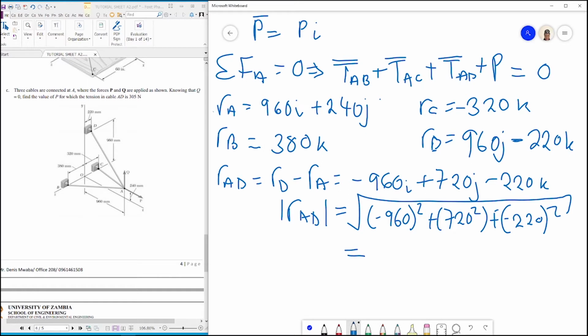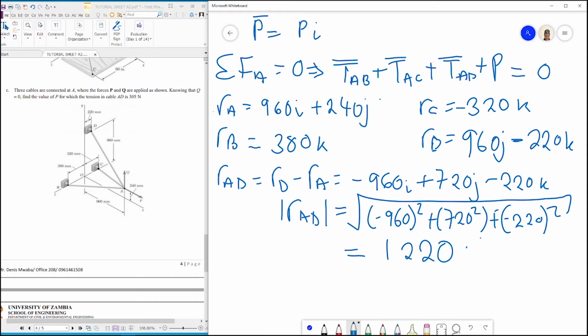This is equal to 1220. It's coming to flatly 1220. Strange, but that's fine.